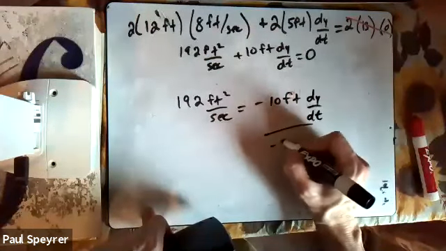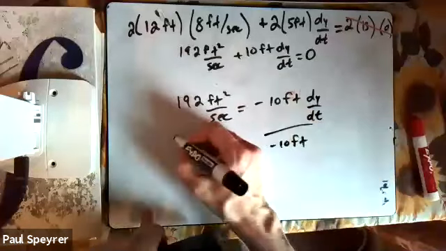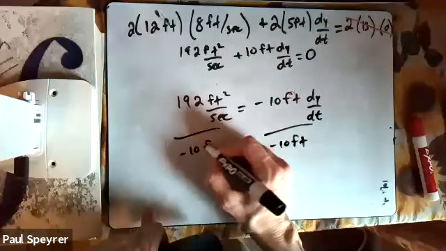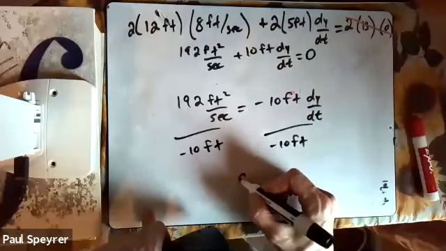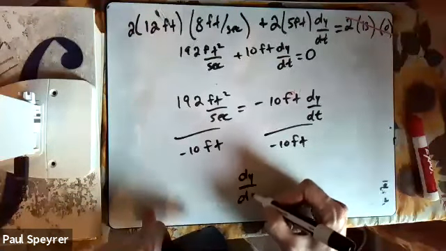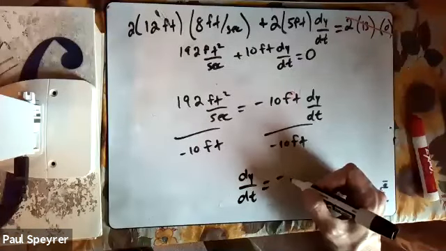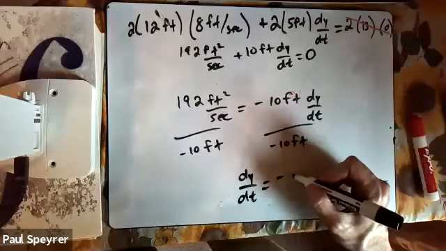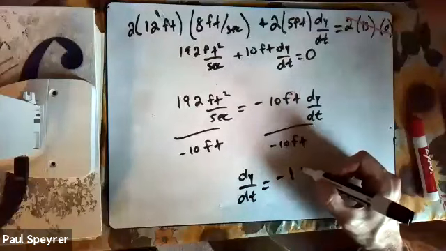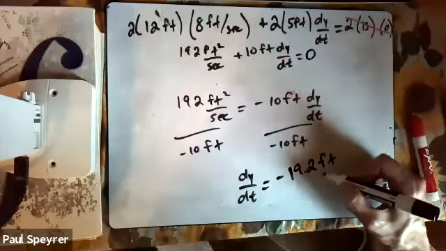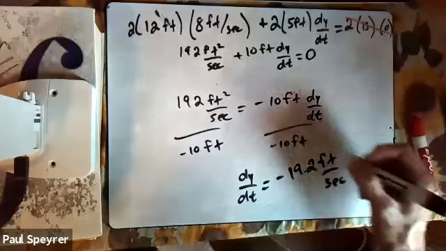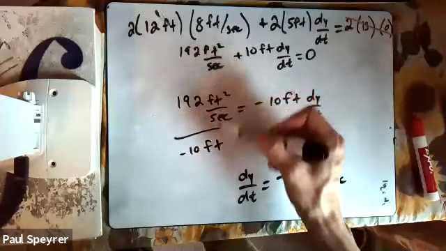And I just divide both sides by negative 10 feet. So we wind up with dy/dt equaling negative 19.2 feet per second. Notice the units cancel, or one of the feet cancels out, right?